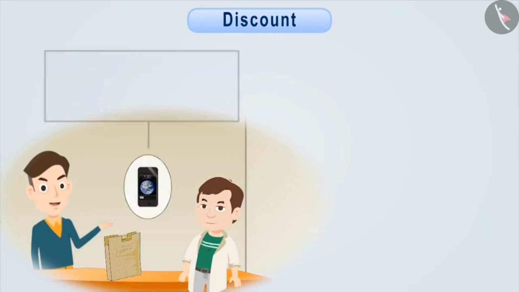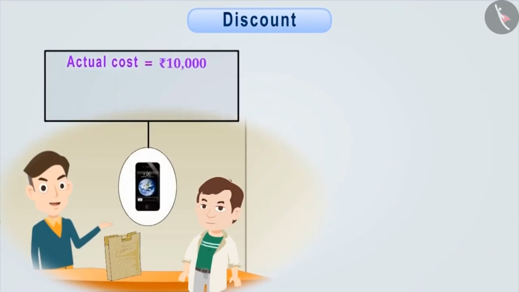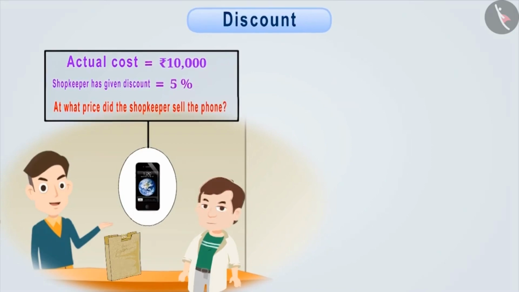Suppose the actual cost of a mobile phone is Rs 10,000. While selling it to the customer, the shopkeeper sold it for a 5% discount. Find the selling price of the mobile phone. In this situation, first, we will calculate the discount. Since the shopkeeper has given a 5% discount on the actual price, discount is equal to 5% of Rs 10,000.